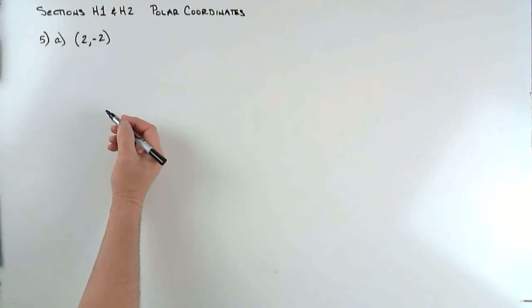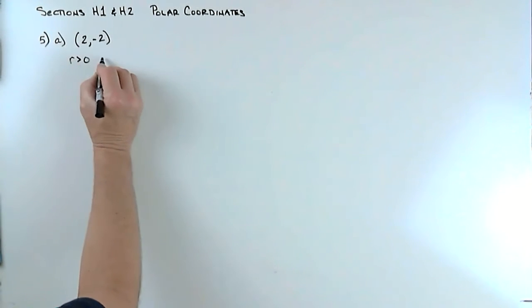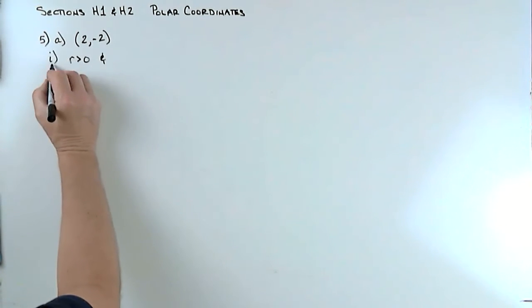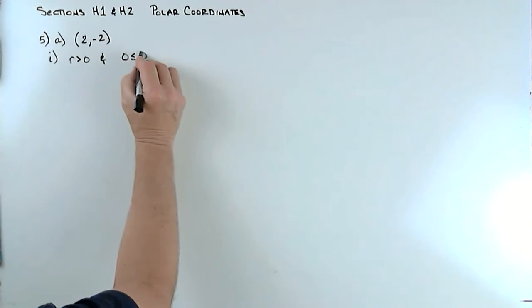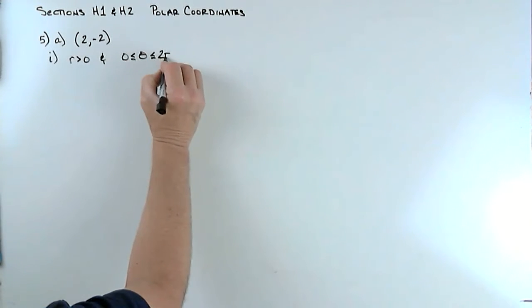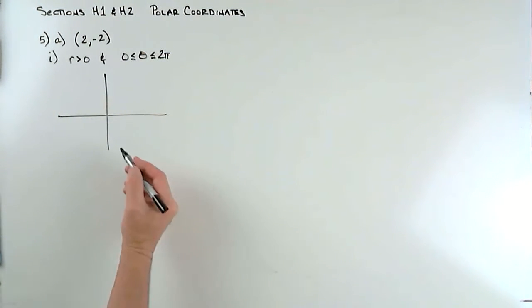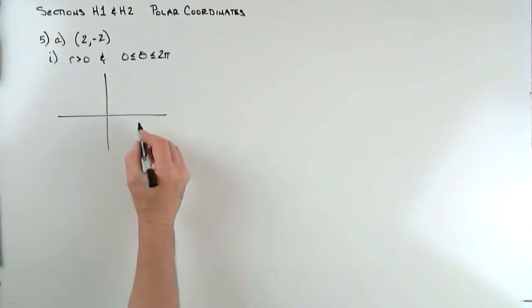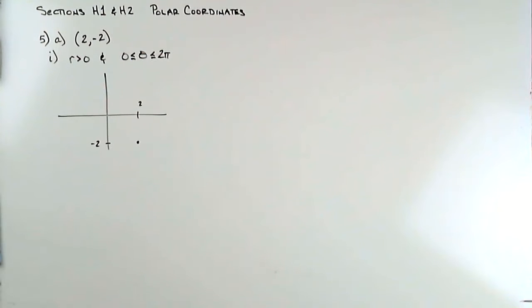So they want us to find the polar coordinates, and they give us the conditions that r is greater than 0 and theta, now this is part I, theta is between 0 and 2 pi. So if we plot our point, this is our Cartesian point. So x is 2, y is -2. We're right here. Remember, this is 2, this is -2 here. And they want us to find the polar coordinates for that point.